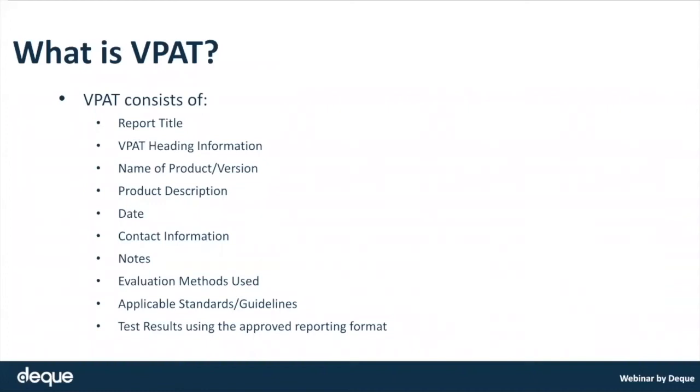Then you give the name of the product and version, including the version of the product that is being reported, a very brief description of the product as part of the product description, and the date of report publication. When are you publicizing this particular report, that particular date, and any contact information for follow-up questions.